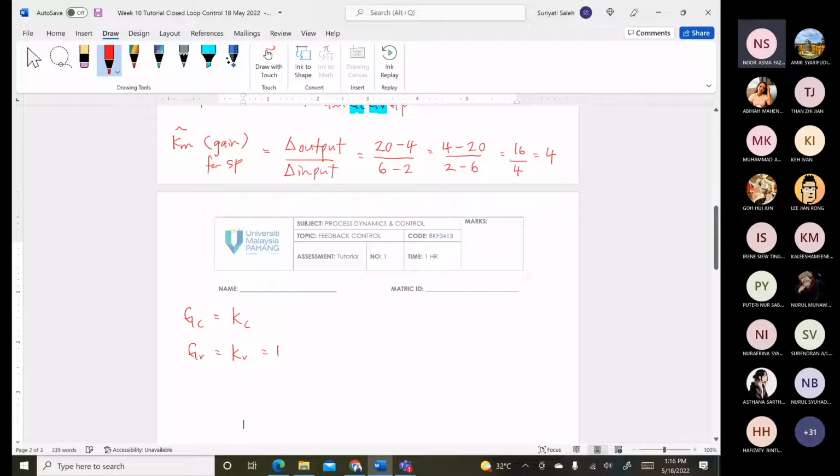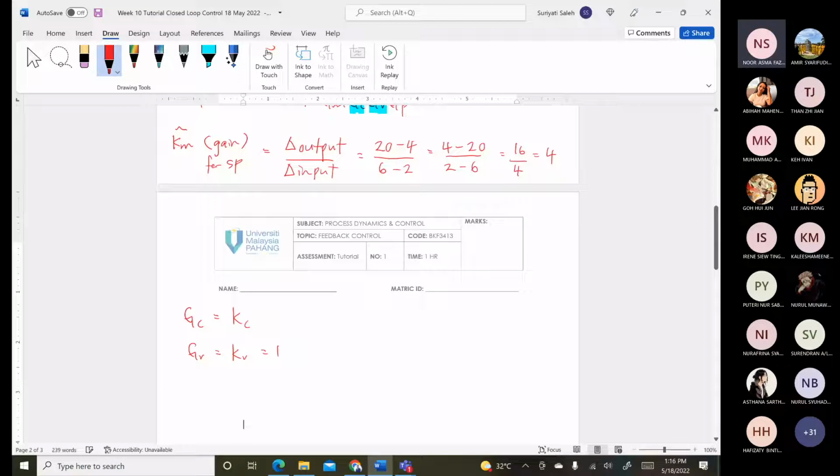So the GP is provided here, so we just use it directly: GP equal to 5 over 5S plus 1. Then the remaining transfer function is your GM.